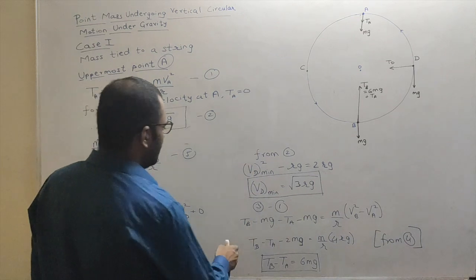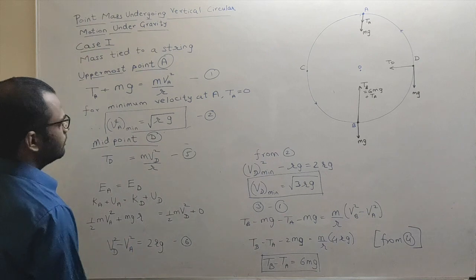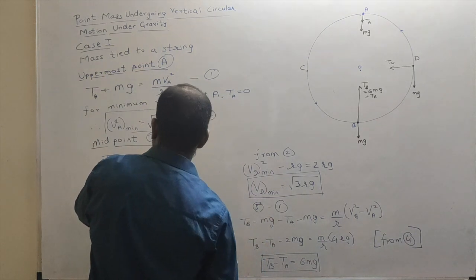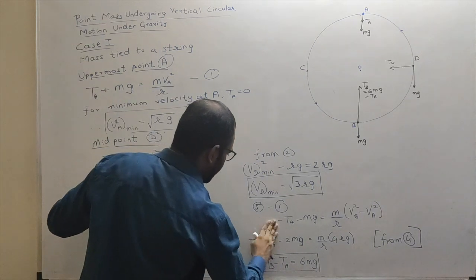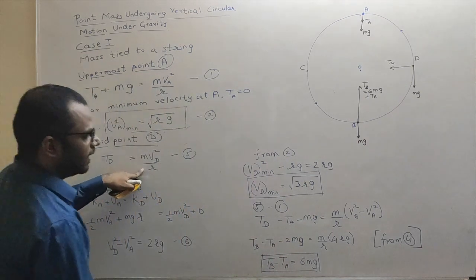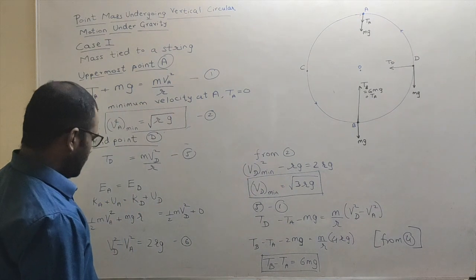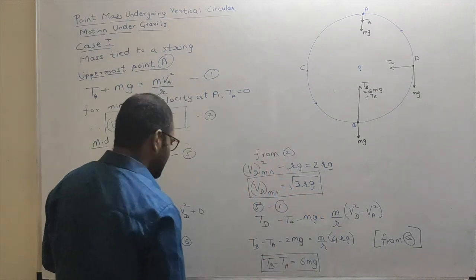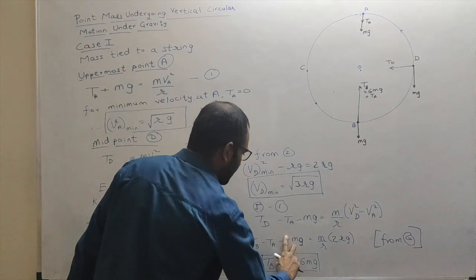Okay? Again we will perform the operation for the difference in the tension. That is, we'll do 5 minus 1. So TD minus TA minus mg will give me m upon r times vd square minus va square. Again from equation 6 we know that vd square minus va square is nothing but 2rg, and over here I will be left with only minus mg.